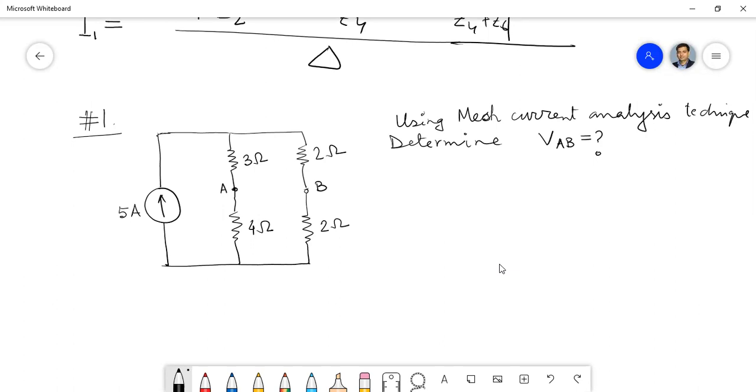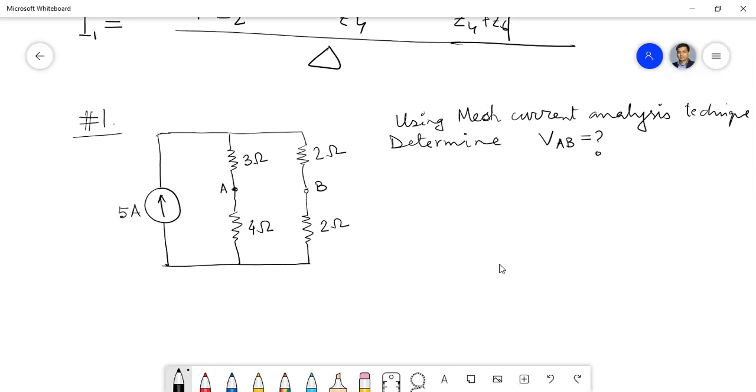Now here you see 3 ohm and 4 ohm is there. If we take this branch, then what should be the converted voltage source and the equivalent resistance? First, whether this current source can be converted, what is the condition for that?